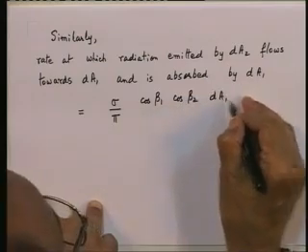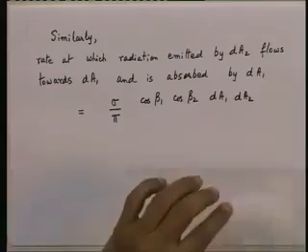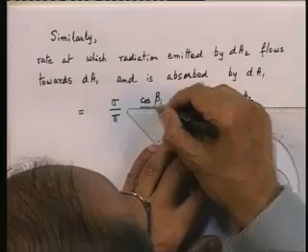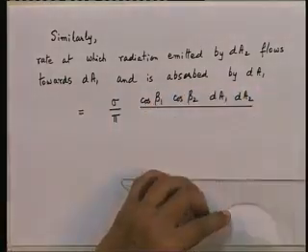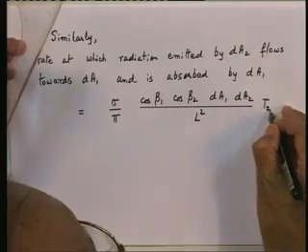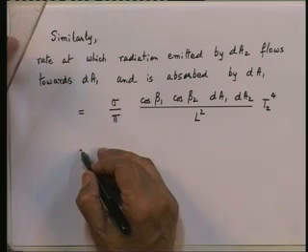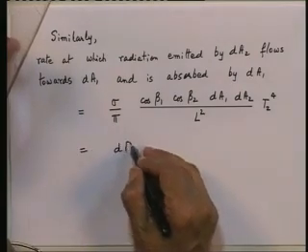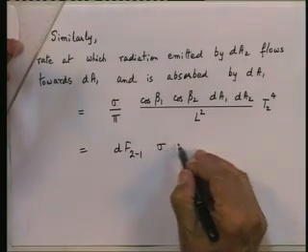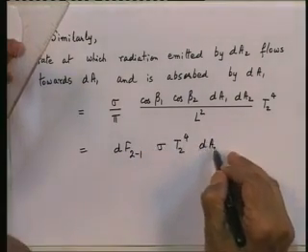Similarly, it can be shown this is equal to sigma by pi cosine beta 1 cosine beta 2 dA1 dA2 divided by L squared into T2 to the power of 4, which we can write as dF 2 to 1, again defining a shape factor, into sigma into T2 to the power of 4 into dA2.